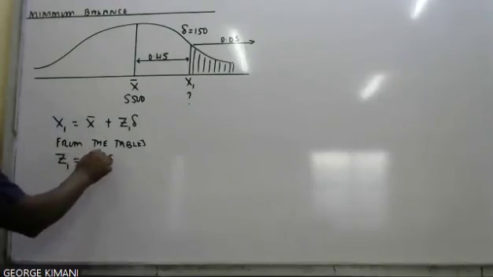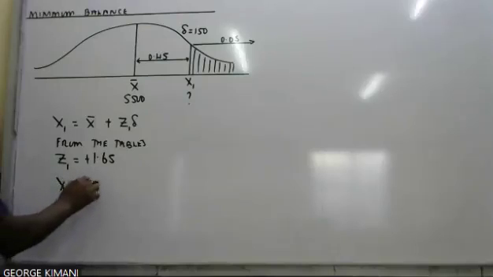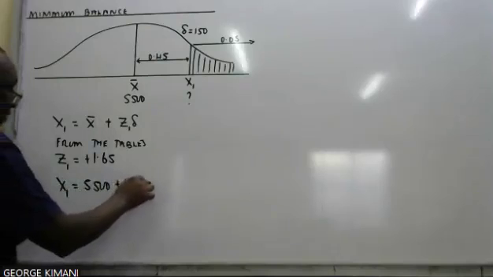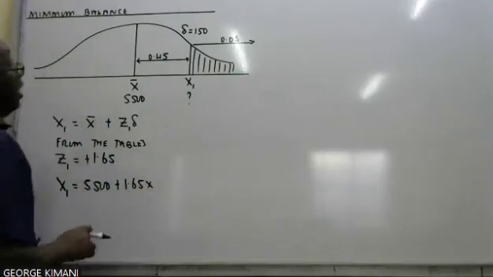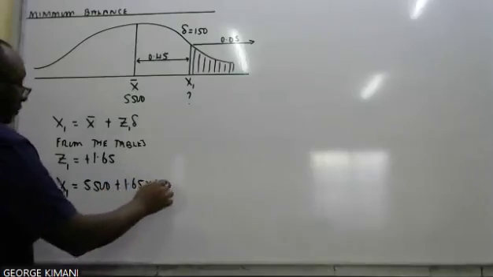So if we have 1.65, it then means that X1 should be 5,500 plus 1.65 multiplied by the standard deviation of 150.